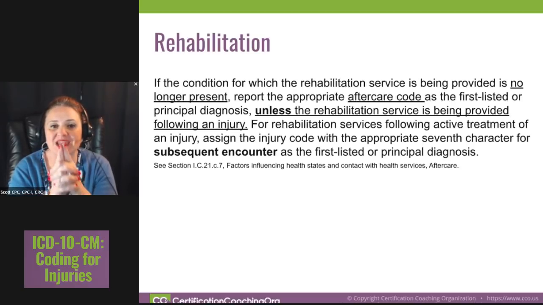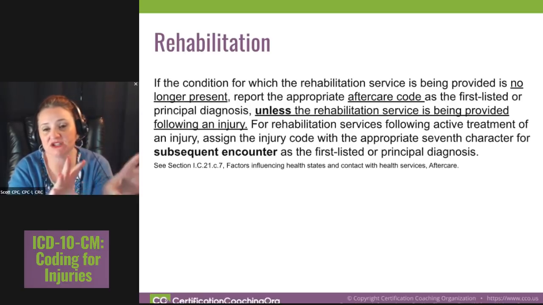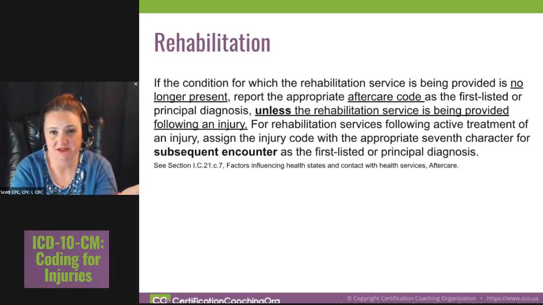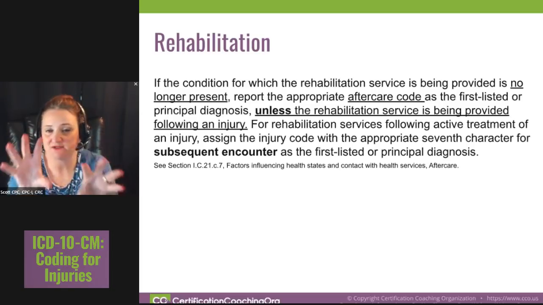So if the rehabilitation is due to an injury, then we're going to use the subsequent encounter code. Otherwise, we're going to use aftercare codes because the injury or the condition is no longer present. So that's very important to distinguish.